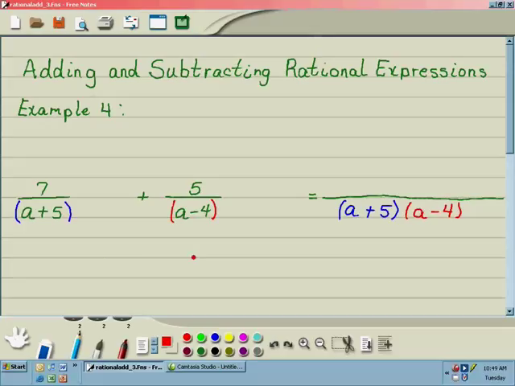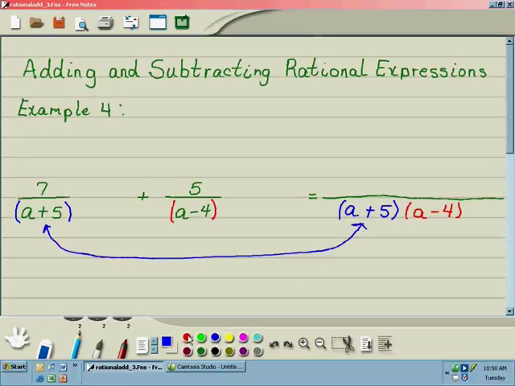Next, we want to look and see how we can change each fraction so that it has the common denominator that our answer must have. What we want to notice is the parts that match and what I call the missing parts. As we look here, we can see from the first fraction that the a plus 5 and the a plus 5 match.